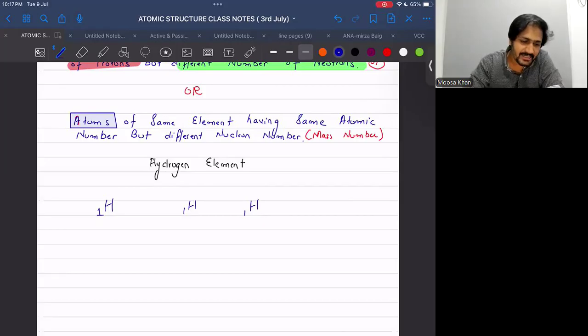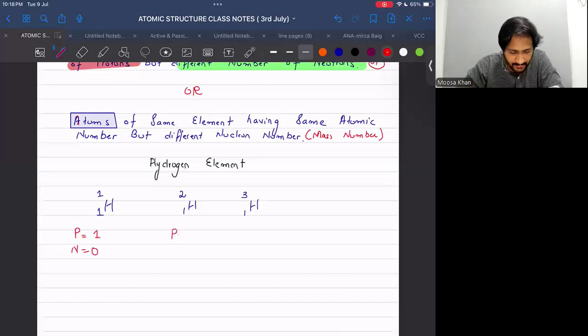Right. I said Amna, check all of them in case. Now Amna is a very curious student, so instead of just counting the number of protons she also started counting the number of neutrons. So some of the hydrogen atoms had 0 neutrons. The mass number was 1, but she found some hydrogen atom with a mass number of 2, and she found some hydrogen atom with a mass number of 3, and she told me some of the hydrogen atoms have 1 proton but 0 neutrons, and some of the hydrogen atoms have 1 proton but they have 1 neutron as well.